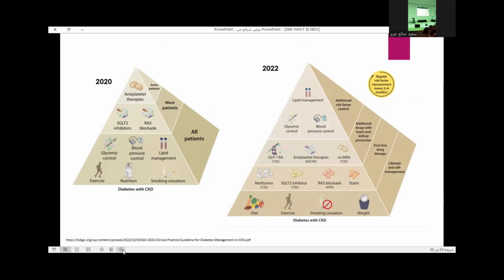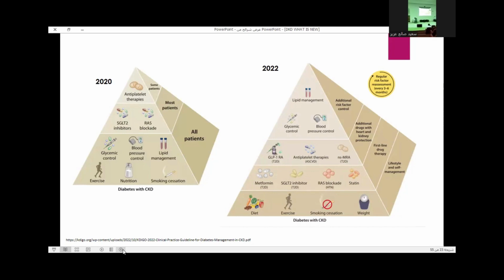Prior to that, we were just giving all the patients the lifestyle intervention and using the medication that approved the cardiorenal protection, which was the sodium glucose co-transporter inhibitor and the RAS, and using other medication related to the cardiovascular protection. But in 2022, there was a lot of change, started with the lifestyle that includes the weight reduction too, in this new changes.